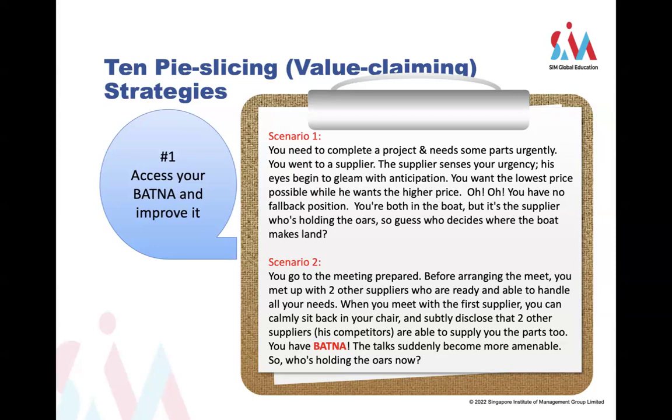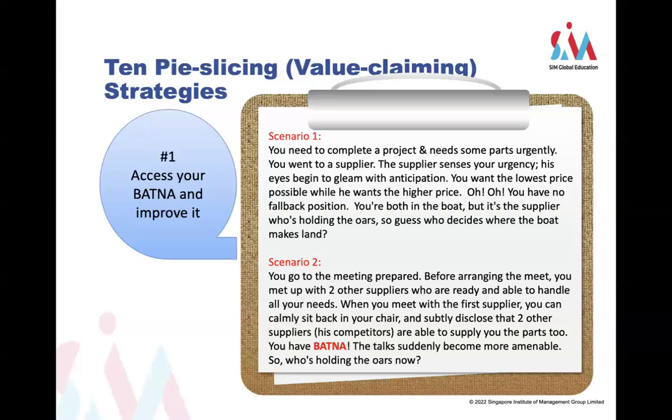In this scenario, if this supplier wants to close the deal with you, he will probably give you a discount in order to entice you to close a deal with him rather than with his competitors. He may even give you a 5% discount or a 10% discount just to close the deal with you.